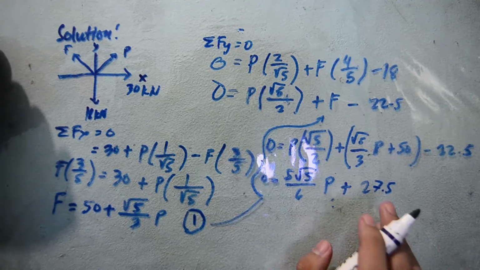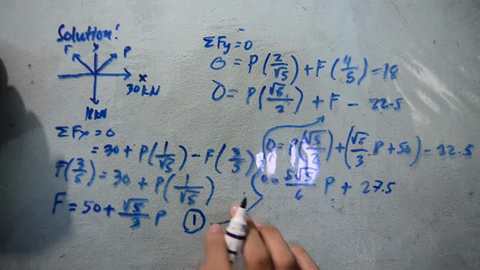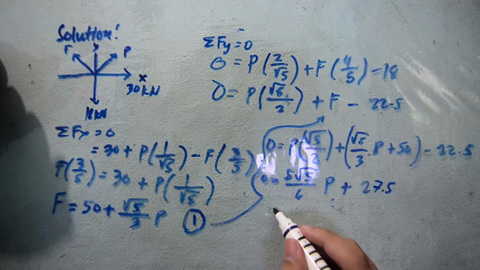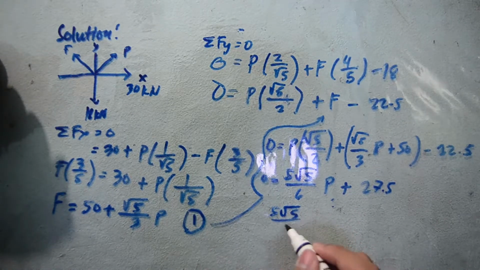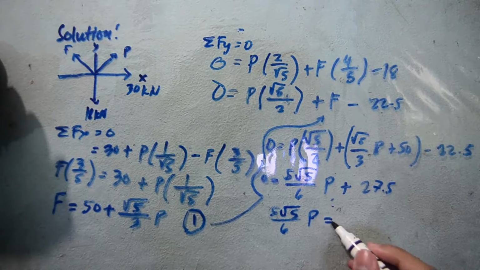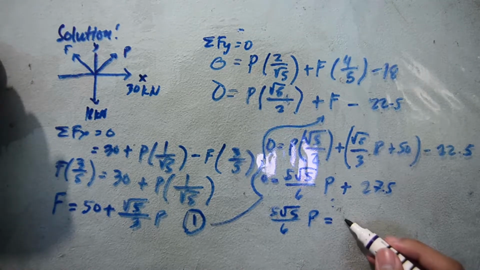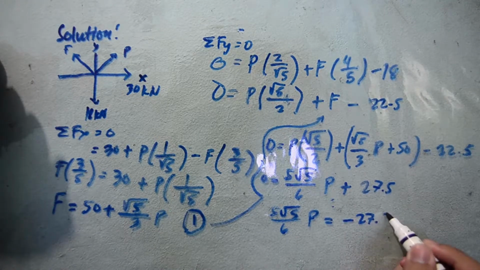So let's transpose p here and divide both sides by -1. That would be 5 square root of 5 over 6 p is equal to negative 27.5.